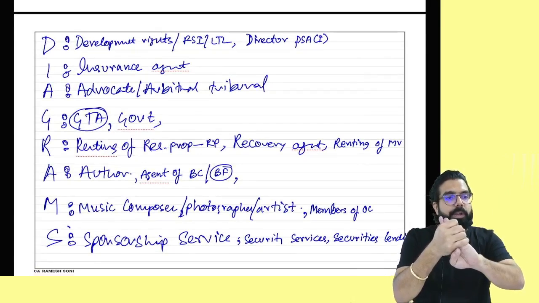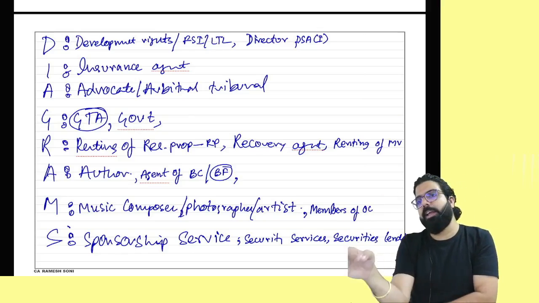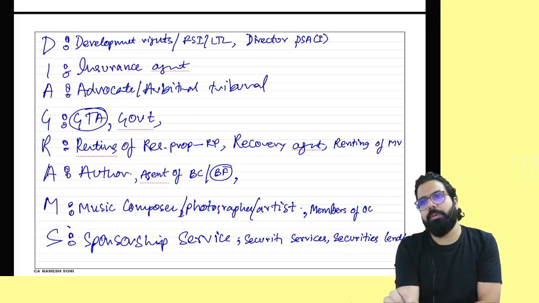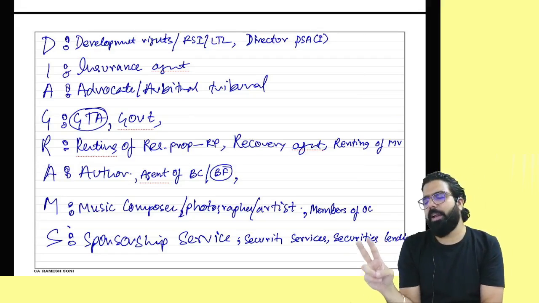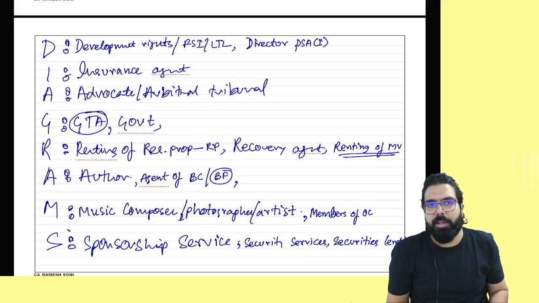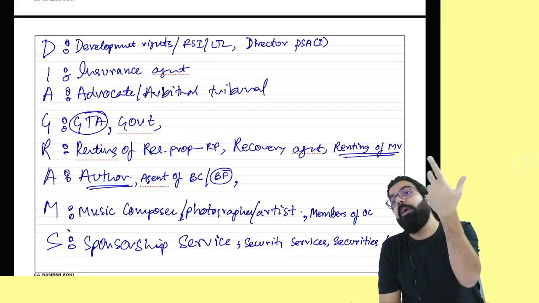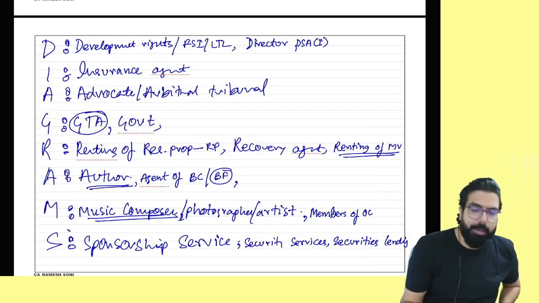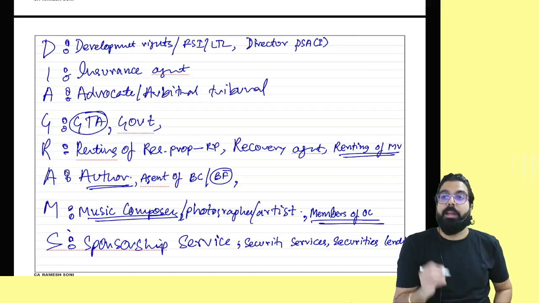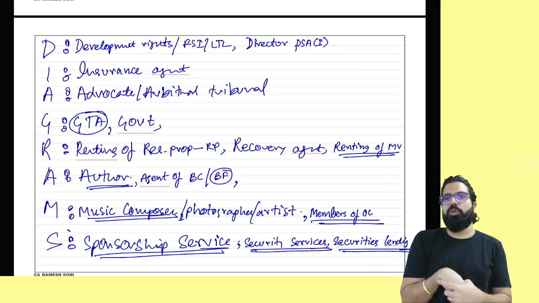I for insurance agent, A for advocate, A for arbitral tribunal, G for GTA, G for government, then R for renting of residential property, then recovery agent, R for renting of motor vehicle where fuel cost is included, A for author, A for agent of business correspondent or business facilitator, M for music composer, photographer, artist, M for members of overseeing committee, S for sponsorship service, security service and securities lending.